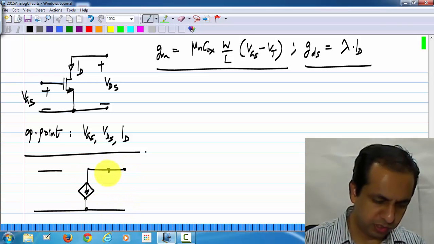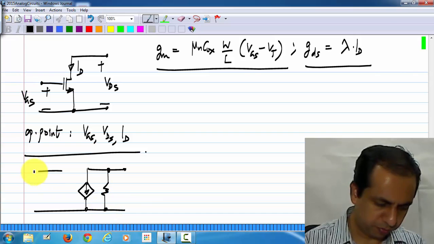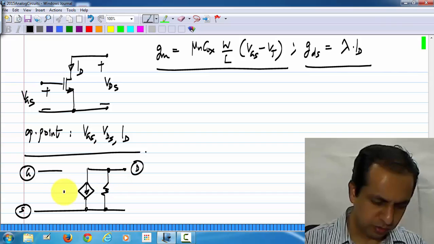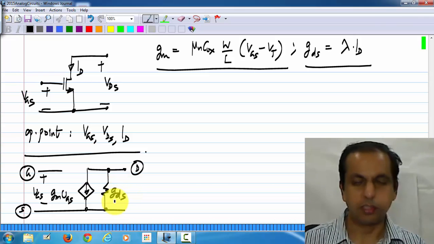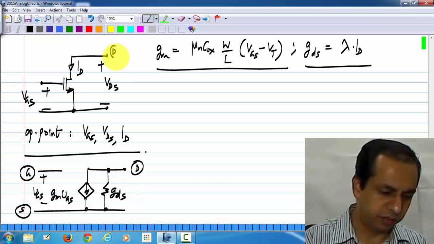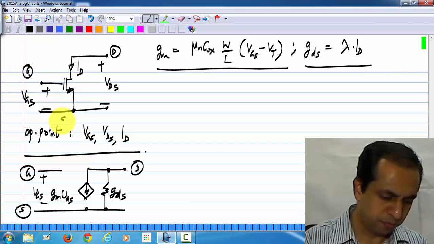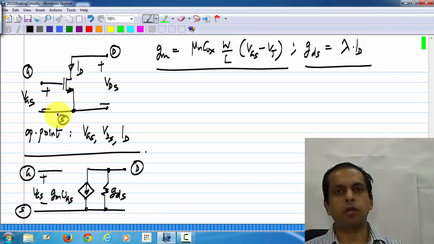In the small signal circuit, we will have GM VGS, where this is the incremental VGS, and we have the conductance GDS. Now, how did we set up the operating point in our common source amplifier?